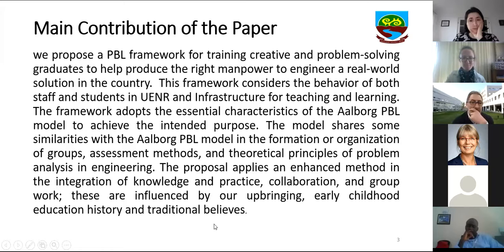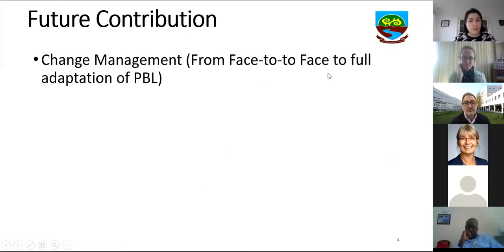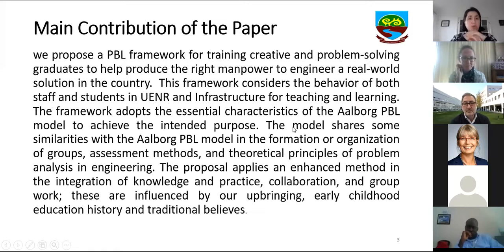Okay. All right. So our main contribution actually looks at this: we propose a PBL model framework for training creative and problem-solving graduates to produce the right manpower to engineer solutions to local problems.